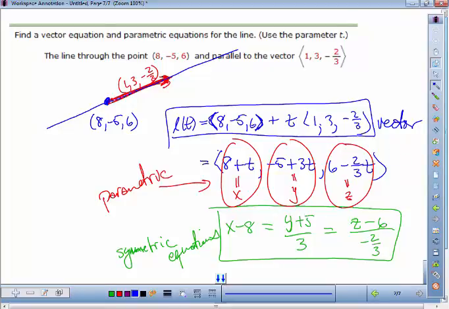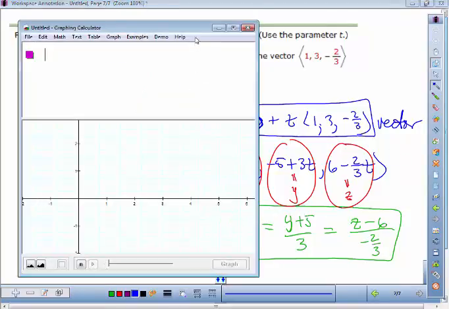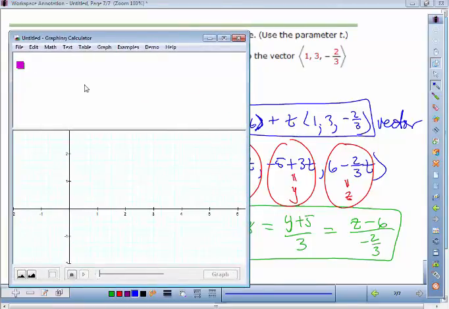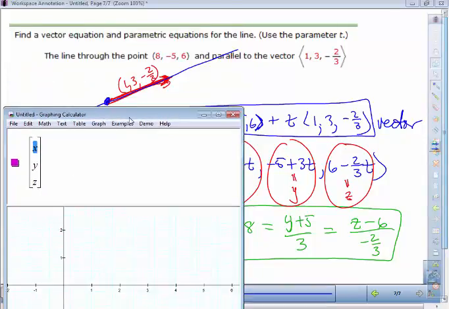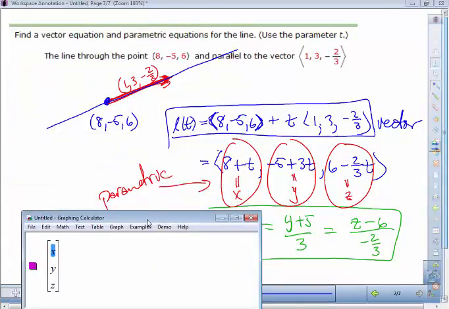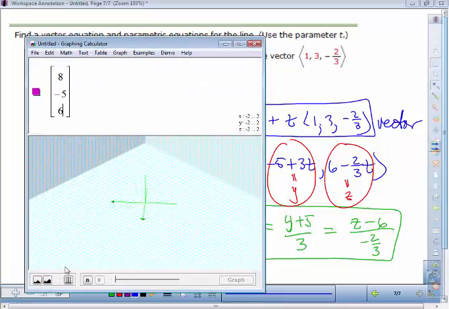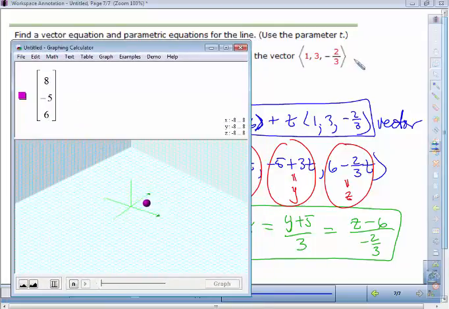I have this program out. I think it'd be kind of neat to see how this thing looks in 3 dimensions. So our point is 8, negative 5, 6. Can't see it, and you have to zoom out. So that's the point. And then we have a vector 1, 3, negative 2/3.